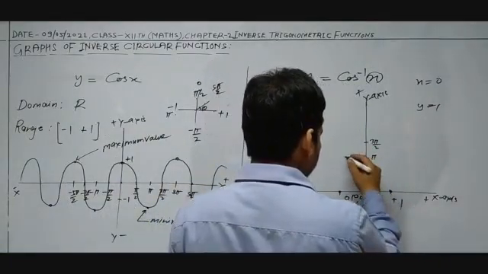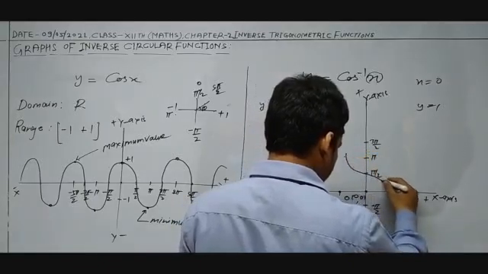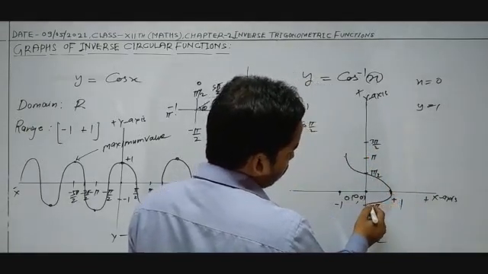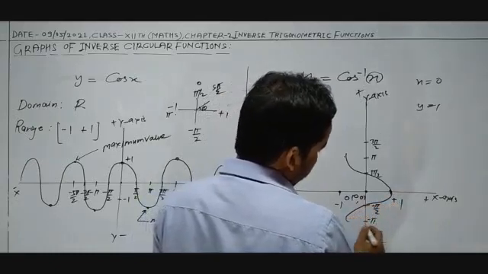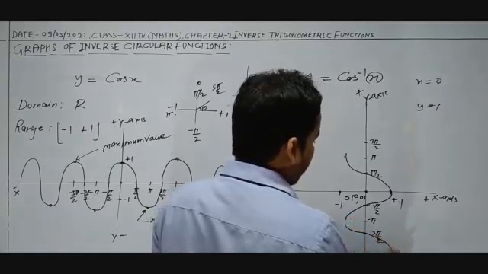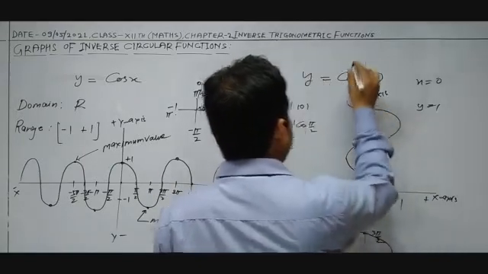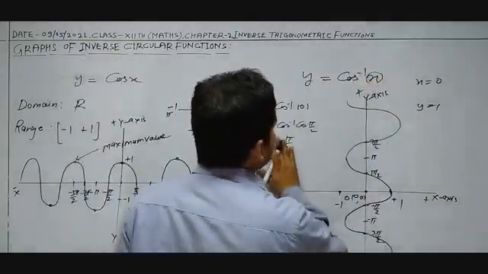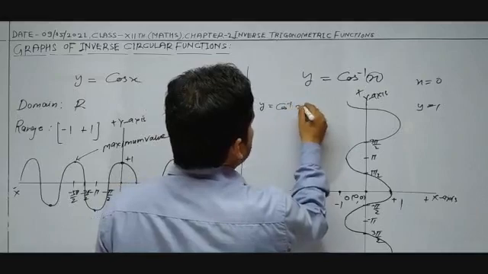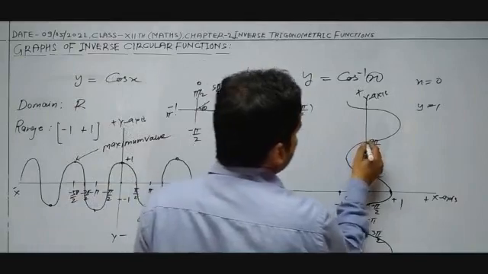So minus pi by 2 result 0, minus 1, minus pi, and so on. Similarly, because when you will put x is equal to 3 pi by 2 cos inverse 3 pi by 2 means result you will get y 0.